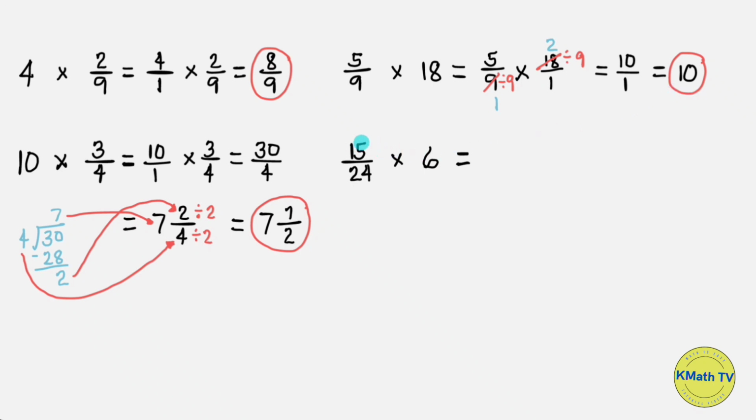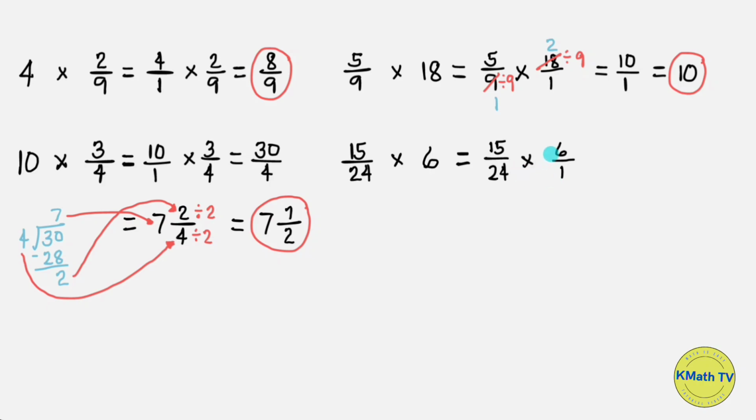Last problem, 15 over 24 times 6. Okay, copy the fraction 15 over 24. Then, write the whole number 6 as a fraction with a denominator 1. Next, multiply. But we can use cancellation here before multiplying.